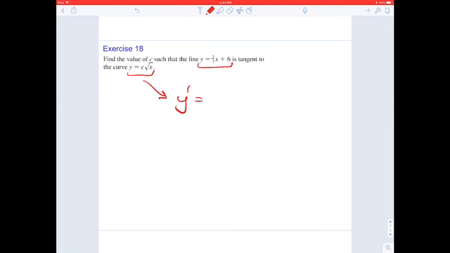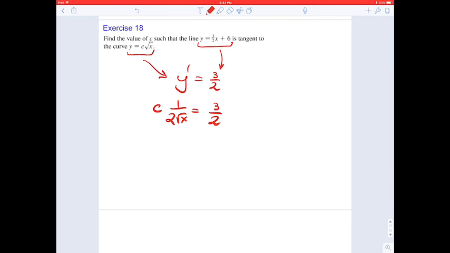If this is tangent, the slope of this line is 3/2, which must be the same as the slope of the tangent, which is the derivative. Okay, c square root of x. The derivative of this copies a constant. The derivative of the square root of x is 1 over 2 root x. And find the value of c. Okay, we will try to find the value of c.